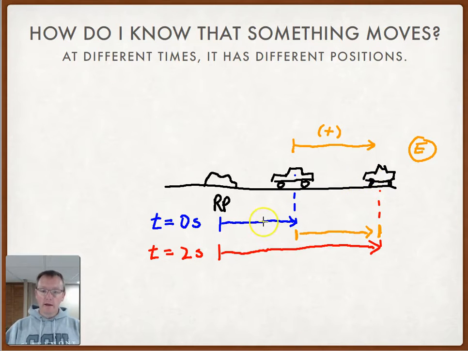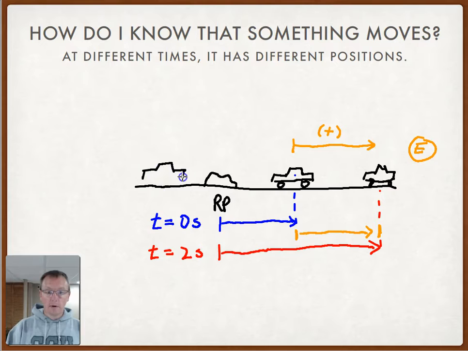If instead I saw it move in the other direction, so let's say at a later time I notice that the car ends up here. Usually physicists only draw boxes, so I'm trying to do my best for you guys. So let's use purple.